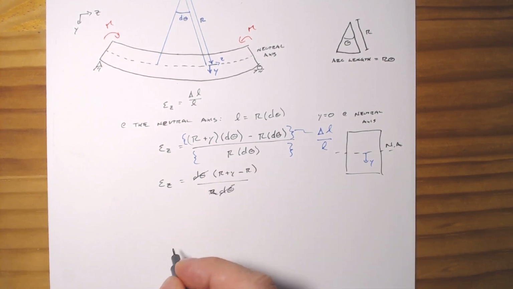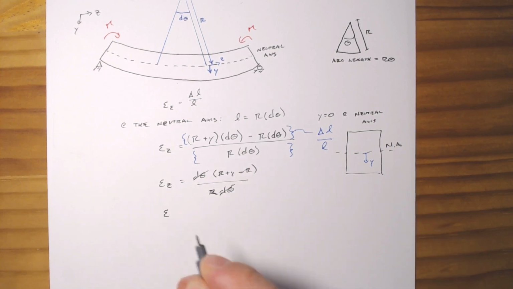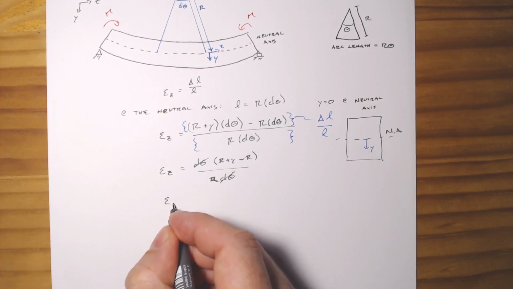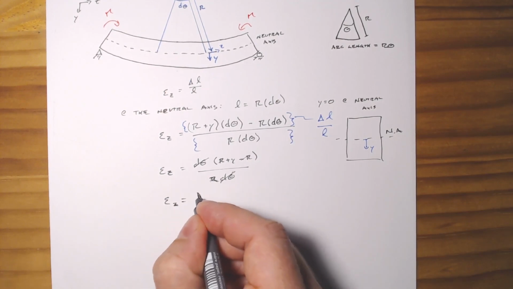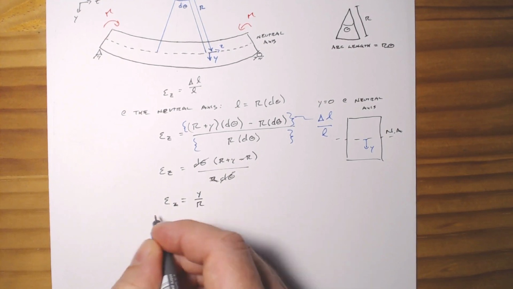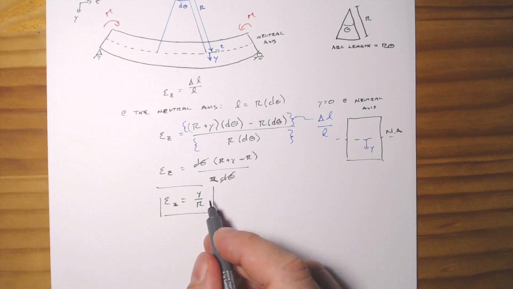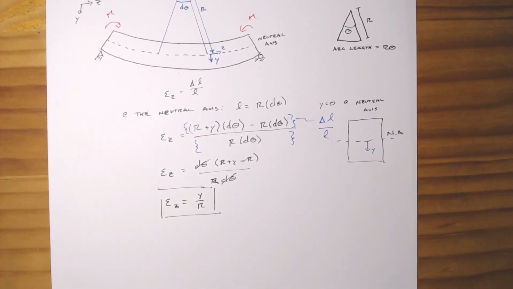The d thetas cancel out, those two r's cancel out, and we get that the strain across the cross section is simply going to be equal to y over r. Which again is quite simple.